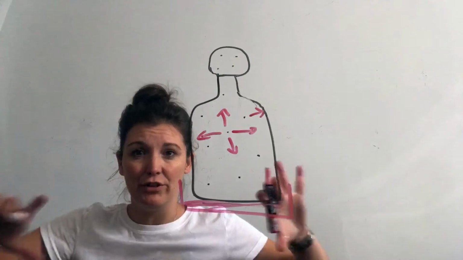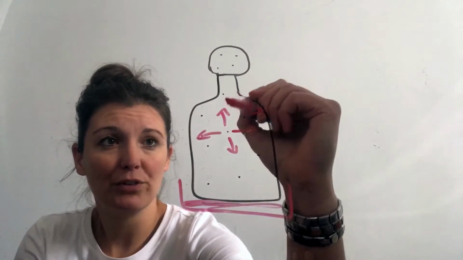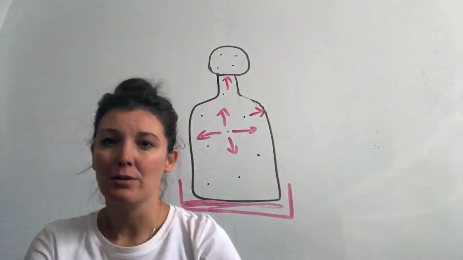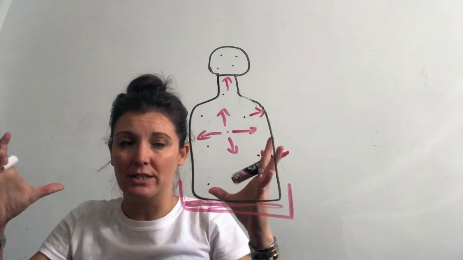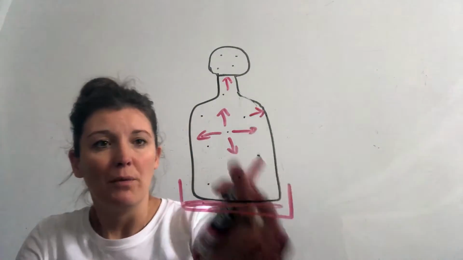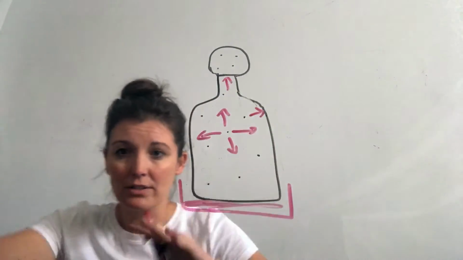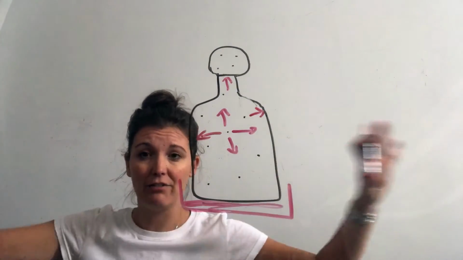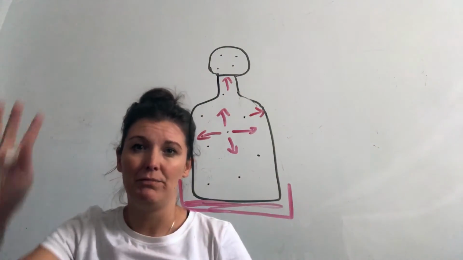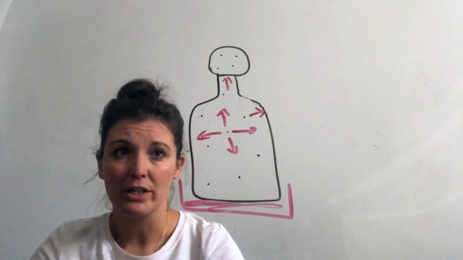They want to go further, but because there's nowhere else for them to go, they go into the balloon, and that's why the balloon is inflating. With a lot of energy, particles move faster, spread out further, and go into the balloon.